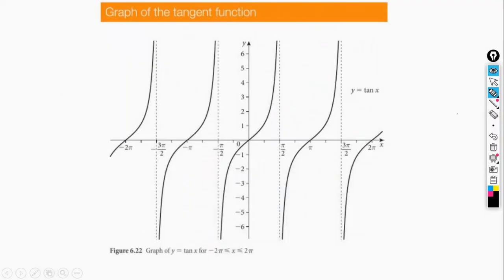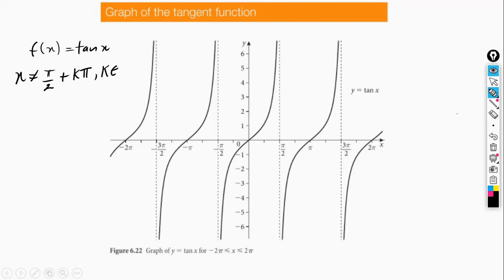So next we're going to take a look at the graph of the tangent function. From work done earlier in this chapter, we expect that the behavior of the tangent function will be different from that of the sine and cosine functions. In section 6.2, we concluded that the function f of x equals tangent of x has a domain of all real numbers such that x cannot equal pi halves plus multiples of pi.